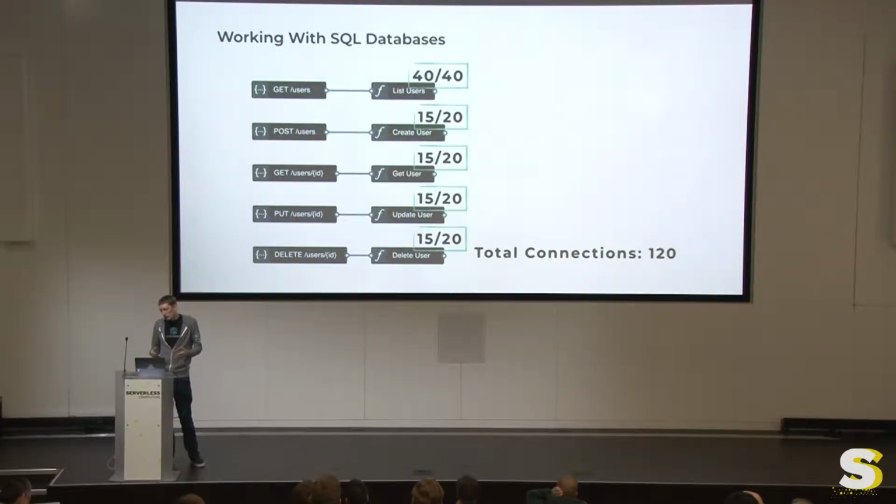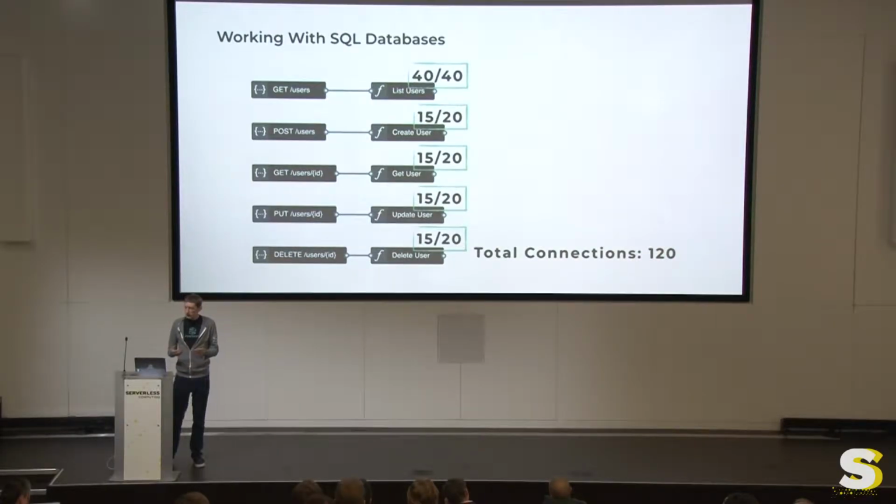So now, let's say that a minute later, we've got 40 concurrent connections to the list users function, and we've got only 15 connections among the other 4 functions. So we still have 100 total requests being made at the same time, just as before. But now what's happening is we've had to spawn 20 more instances of the list users function.